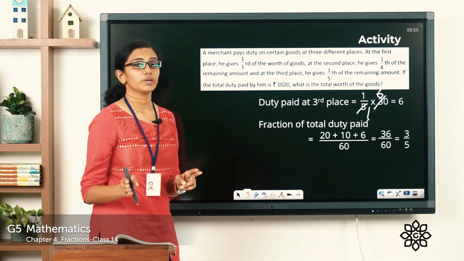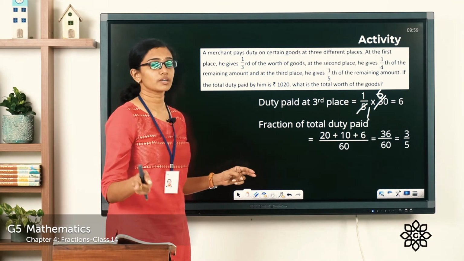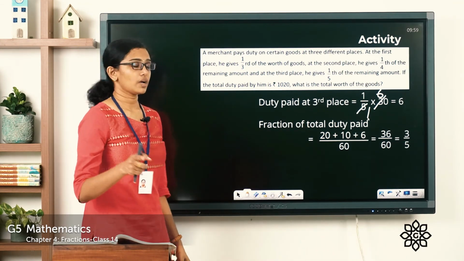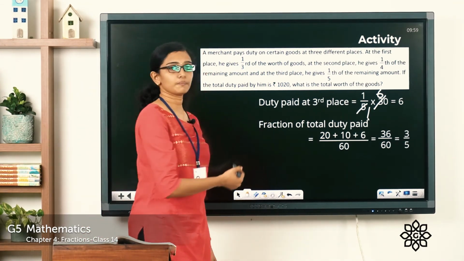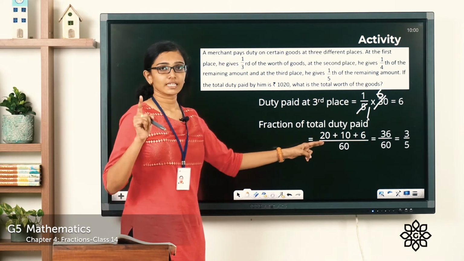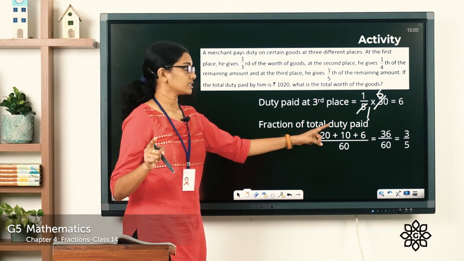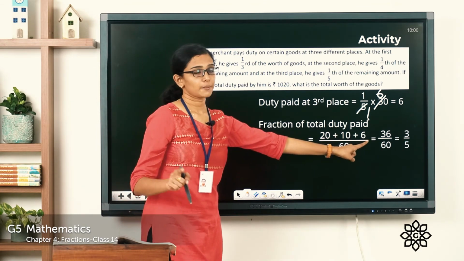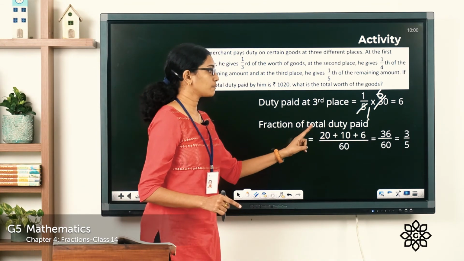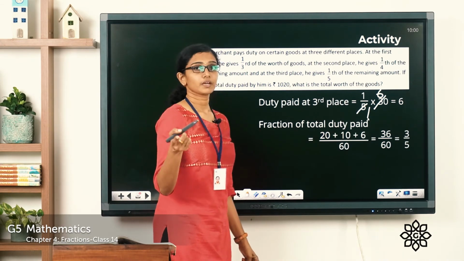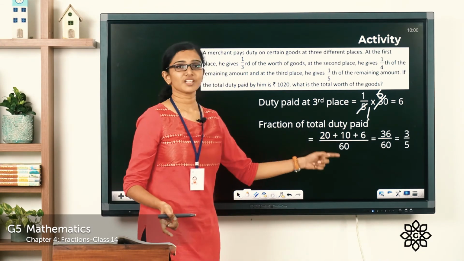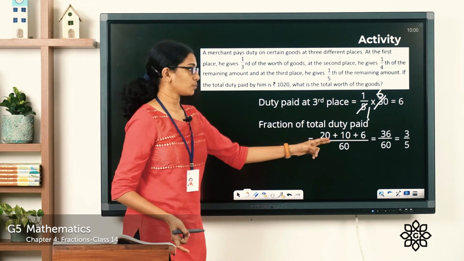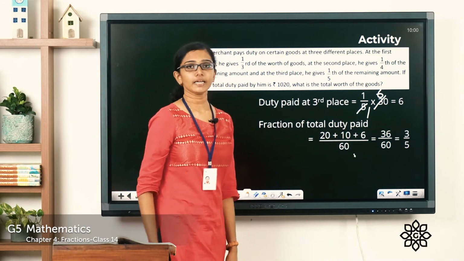Now how would we find out what is the total fraction of the duty paid? You have to add these parts. The 20 parts that he paid at the first place, the 10 parts that he paid at the second place, and the 6 parts that he paid at the third place. So that would be 20 plus 10 plus 6 by the total number of parts. That would be 36 by 60.